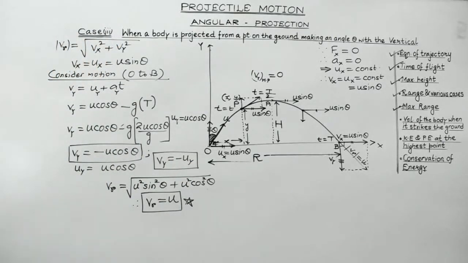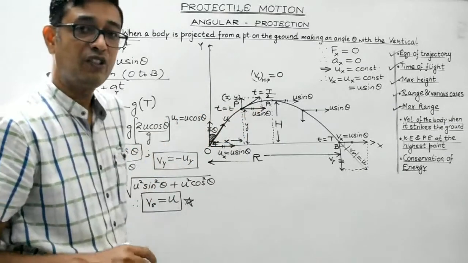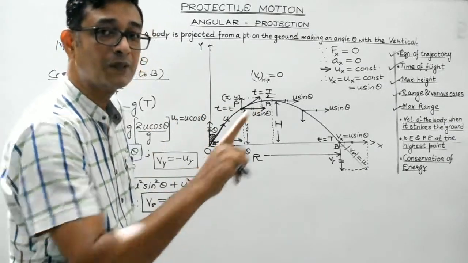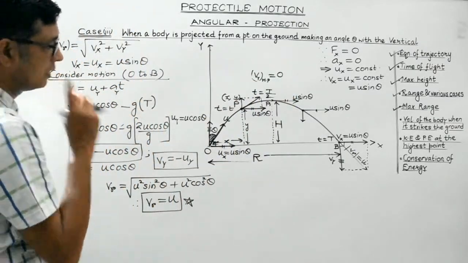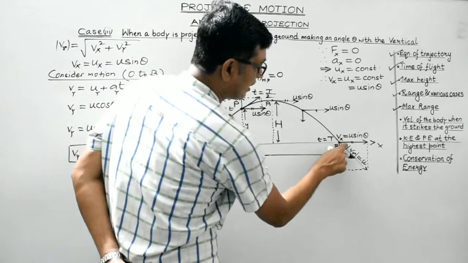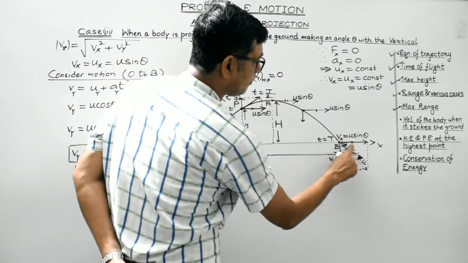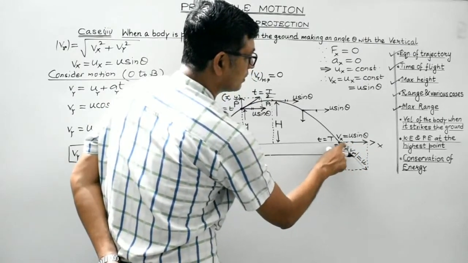Okay, so we have proved that the projectile will strike the ground with the same velocity with which it was projected. Now, regarding the direction, suppose this resultant velocity makes an angle beta with the horizontal or with the vertical, suppose.